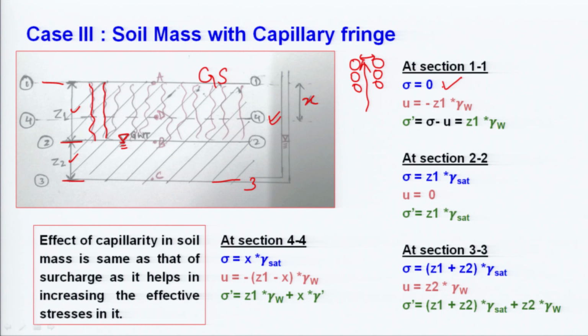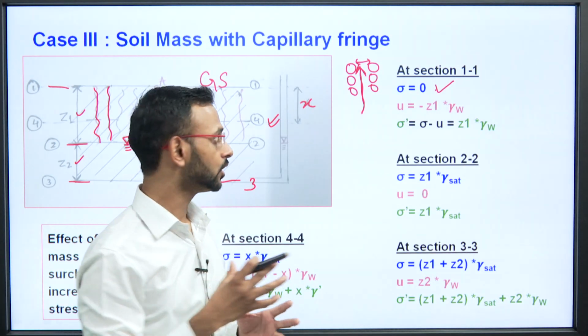When we talk about this U, pore water, when we talk about this capillary fringe, what happens, these soil solids, if they are trying to hold up, if they are trying to pull up, so the water comes in tension here. Water is not simply coming by some other force, it is being held up by the soil solids.